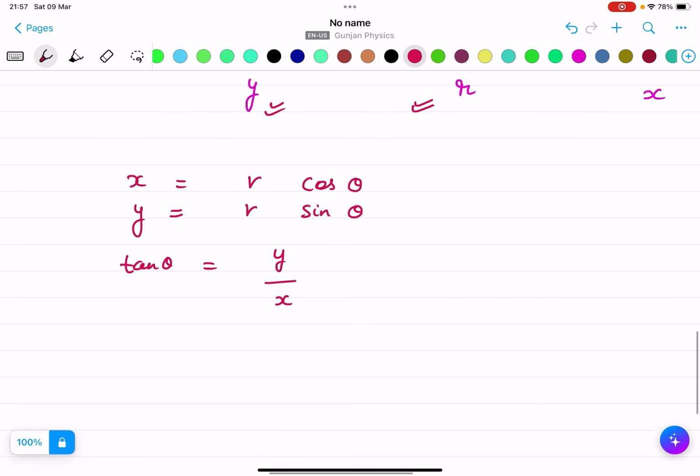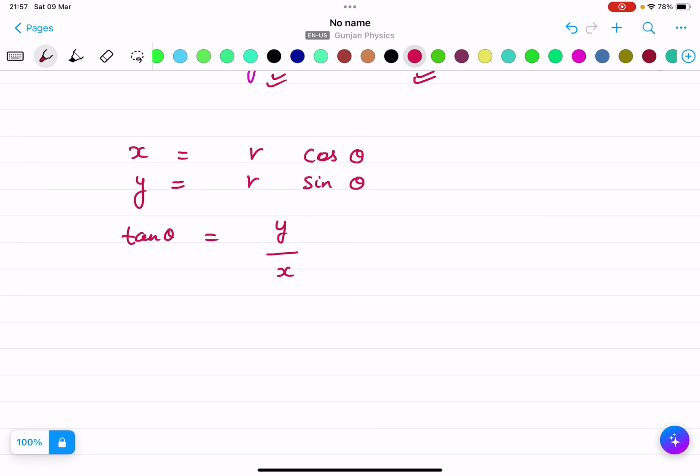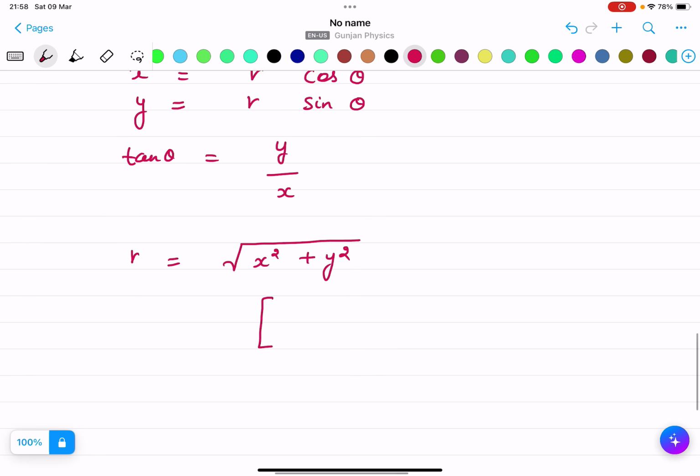So these are the formulas, and if I need to represent r, then what will it be? r equals under root x square plus y square. Why? Because according to the Pythagoras theorem, hypotenuse square equals perpendicular square plus base square.